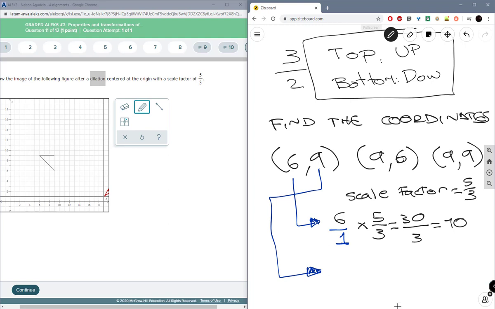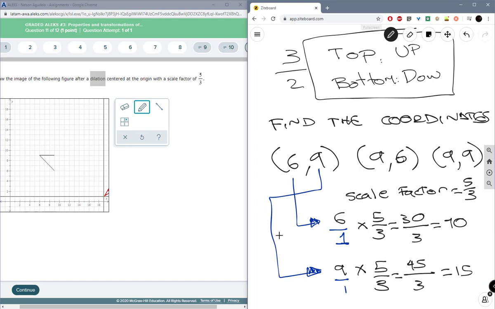Okay? Now you have to do it in the same way with the 9. 9 times 5/3, because that is the scale factor. You put a 1 and then you multiply straightforward. 9 times 5, 45. 1 times 3, 3. 45 divided by 3 is 15.